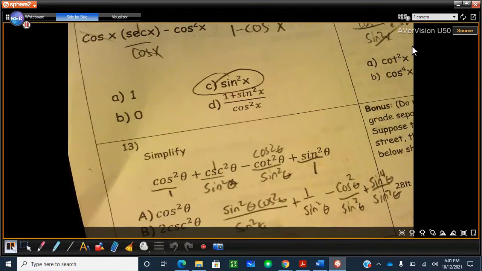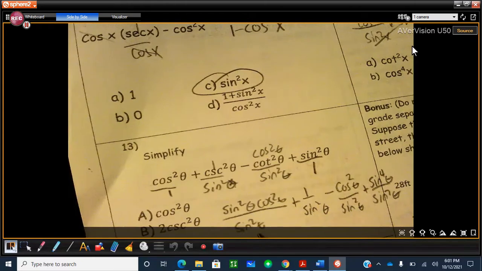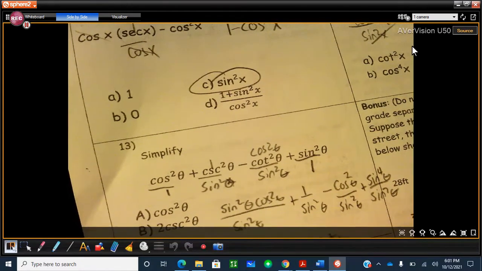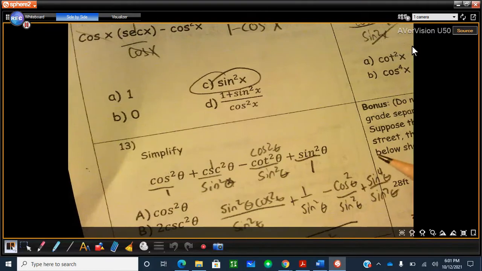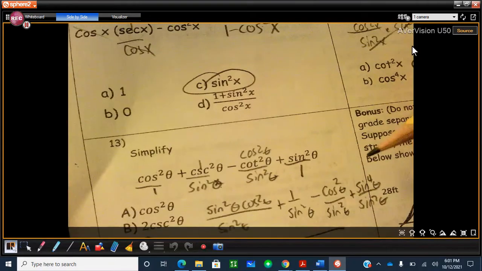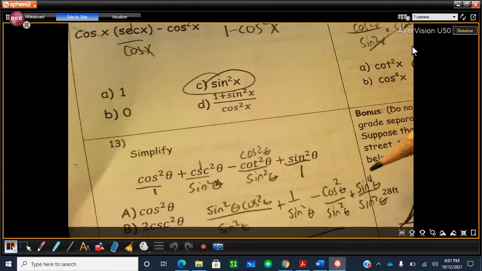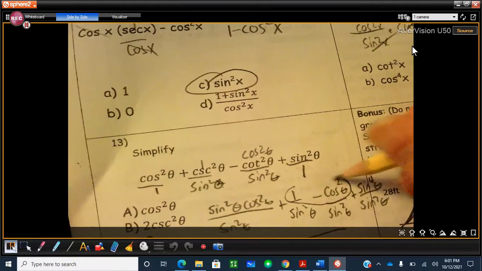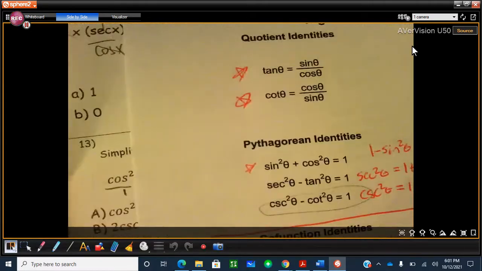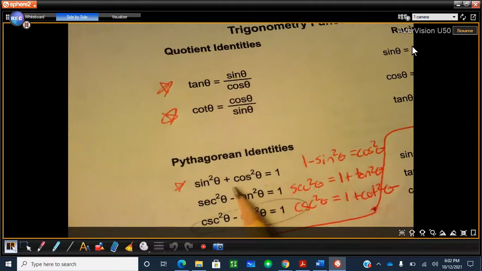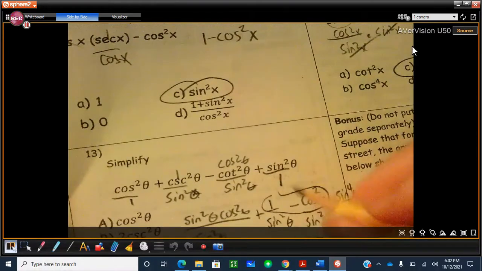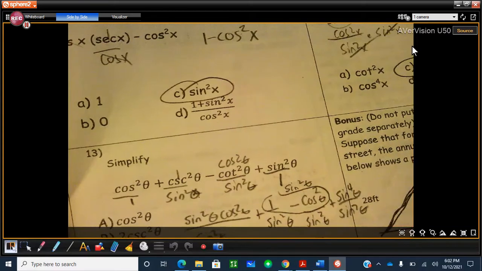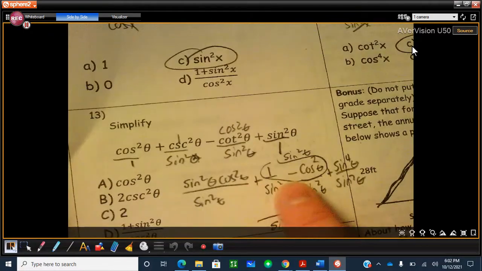When I look here, and I'm adding, they'd all end up over sine squared theta. And now when I'm adding these, I get 1 minus cosine squared theta. What is that? 1 minus cosine squared theta is sine squared theta. Okay, so I have that. Now I can factor each of these terms has sine squared theta.